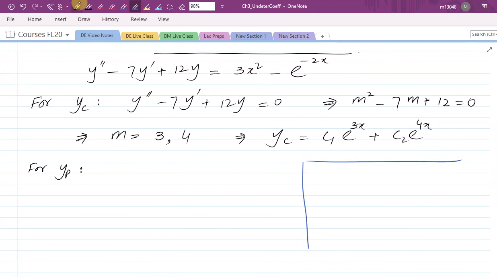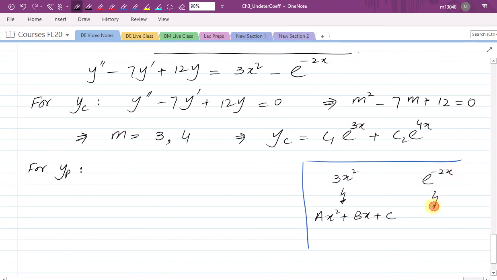For 3x square, we will write ax square plus bx plus c. And for e power minus 2x, we must write a e power minus 2x. But there is a little bit of a problem. We cannot repeat the constant a in the same expression because we are going to add them together. Here a is multiplied with x square, and there a is multiplied with e power minus 2x. That will not work.